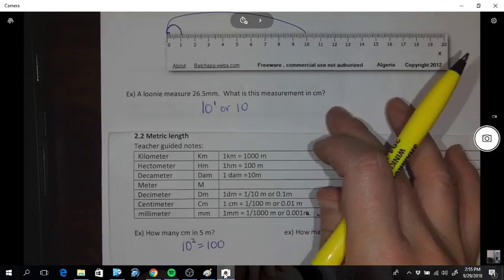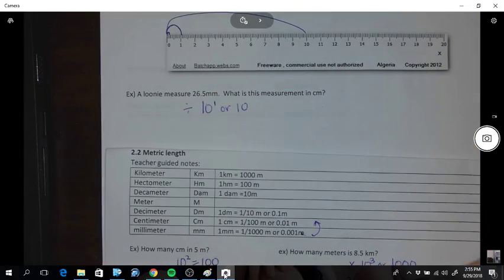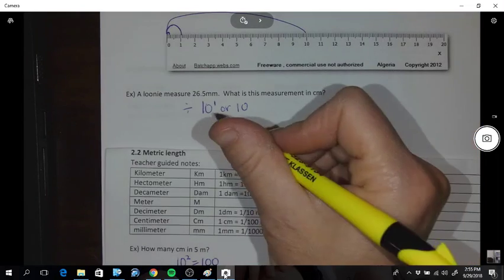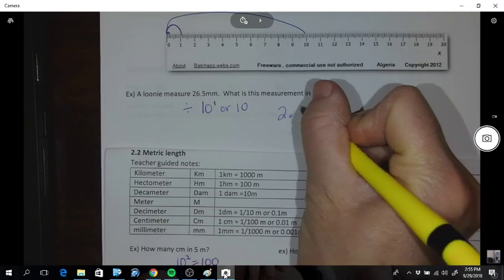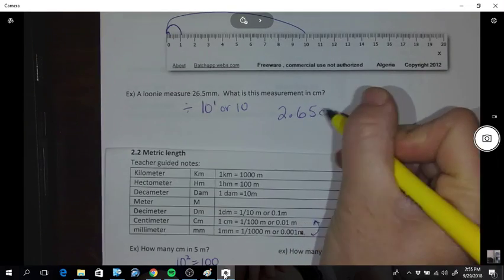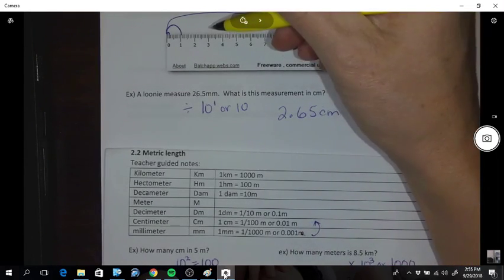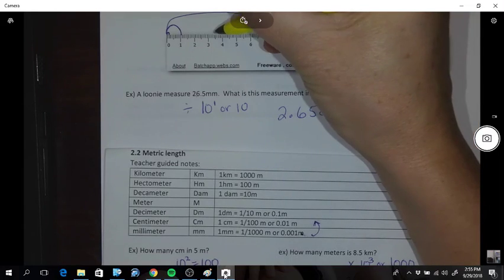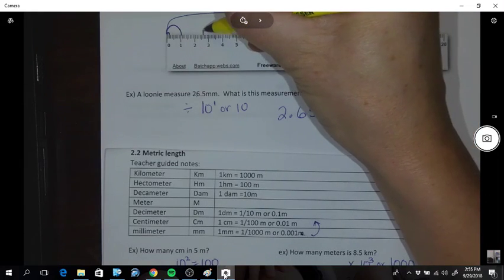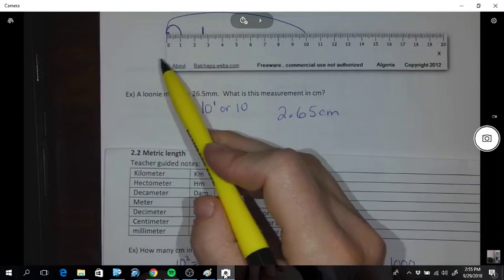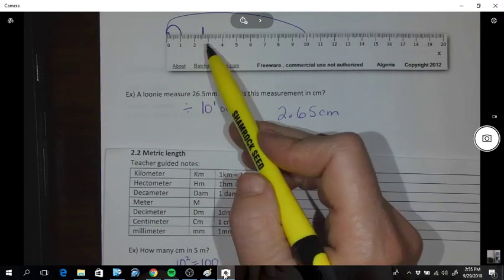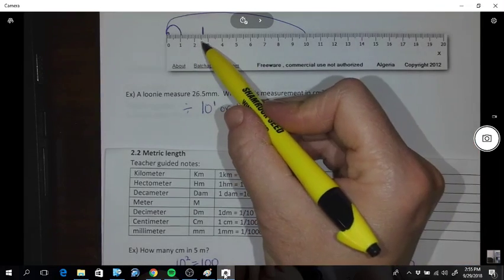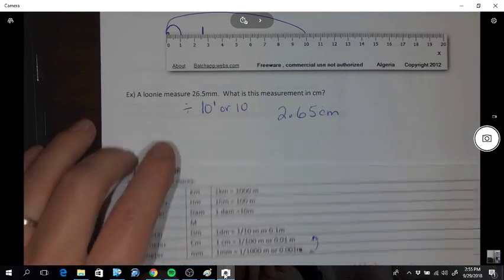Okay, so we want to actually divide. So if we divide, we move it 1 left now. So that is 2.65 centimeters. So if we think about that on a visual, that would be around here. So you can see that there's 10, 20, 26 and a half millimeters in 2.65 centimeters.